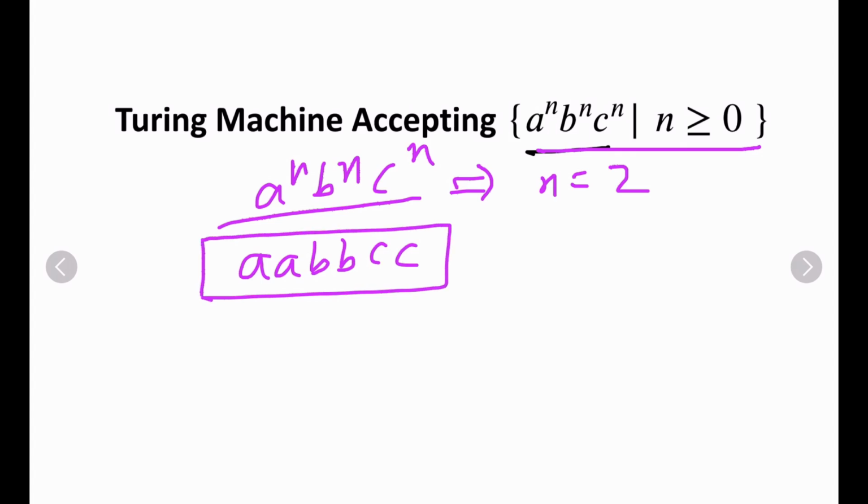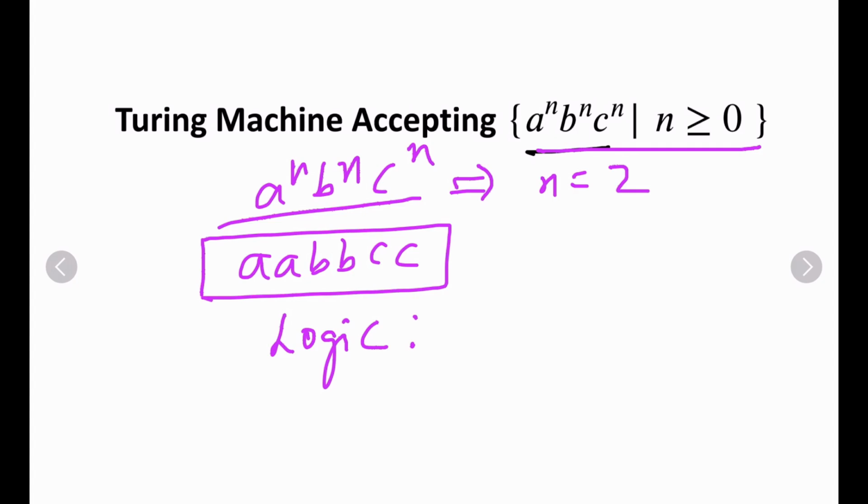I hope you understand this language. Let us jump into the logic of how to design this. Before designing a transition diagram, try to understand the logic. The logic is like this.